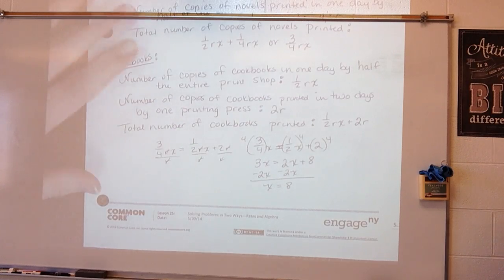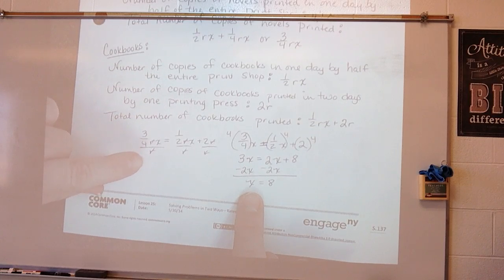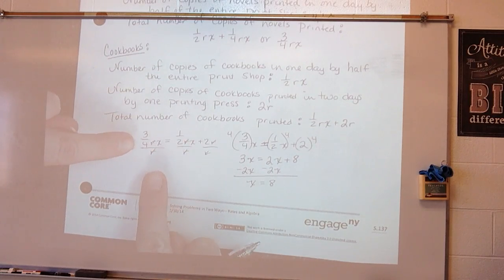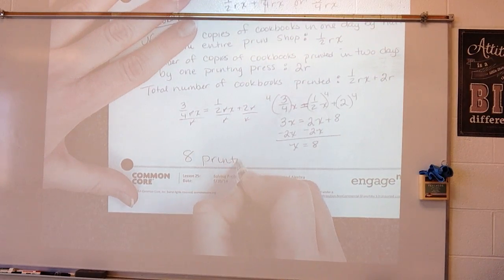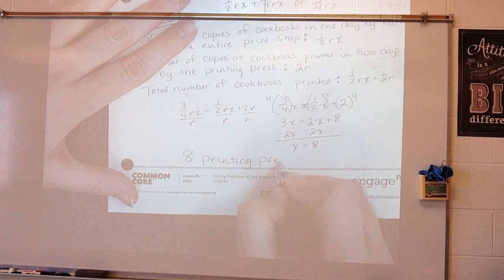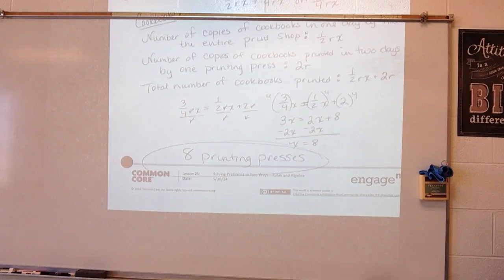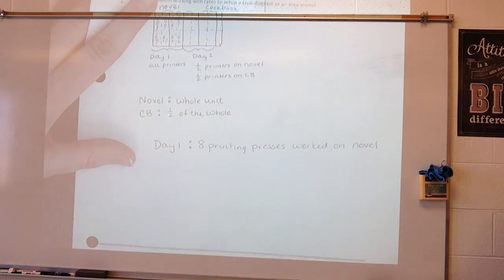I can plug this back into my equation and see if it works. But I would figure out that there are 8 printing presses in the shop, which is what we figured out back here.